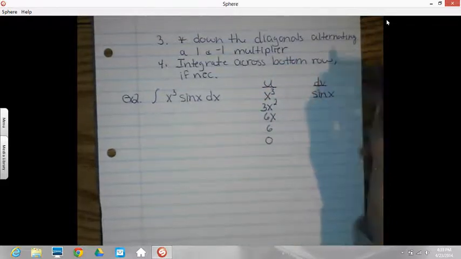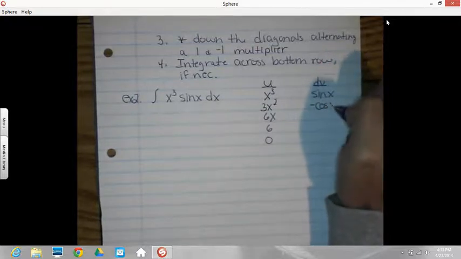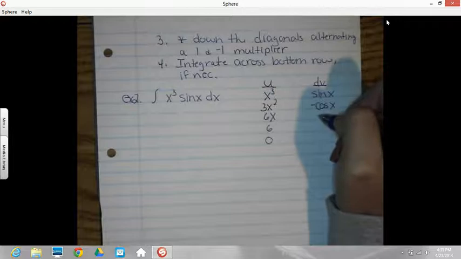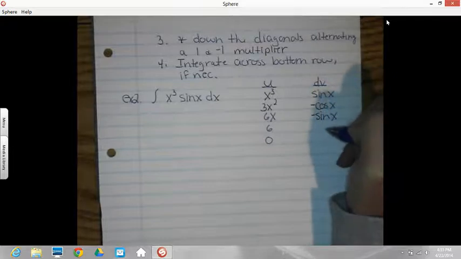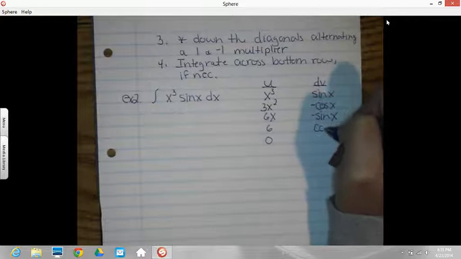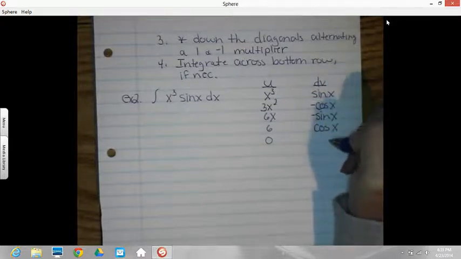This will be negative cosine. Next one will be, think about it, negative sine. Next, what has negative sine as its derivative is cosine. And then what has cosine as its derivative is sine.